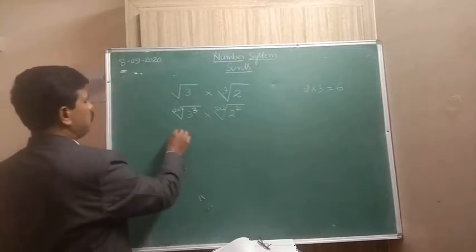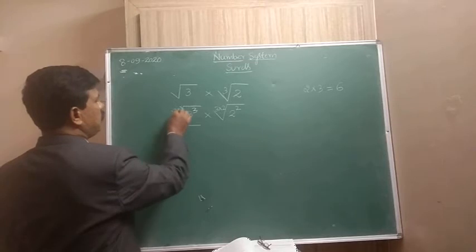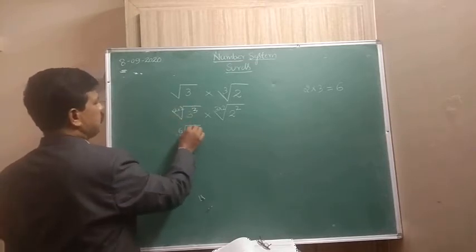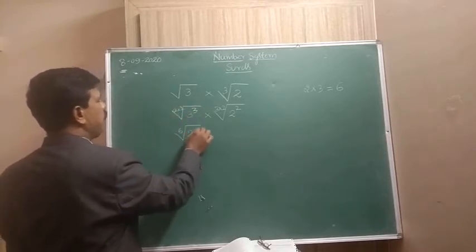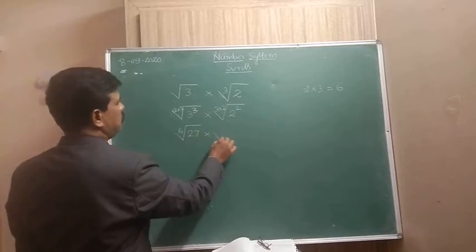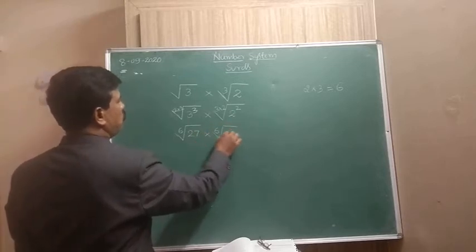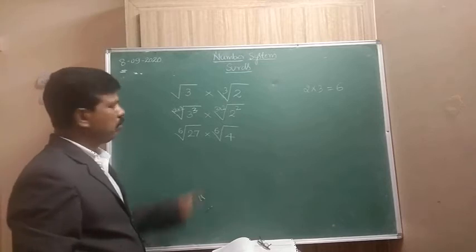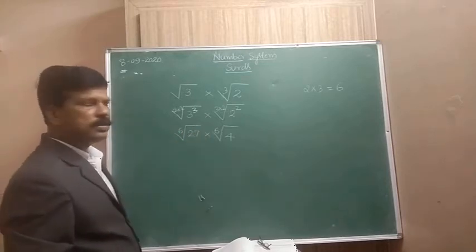Now, 2 3s are 6. 3 cubed is 27, into the 6th root of 4. Now look at this, the orders are the same.